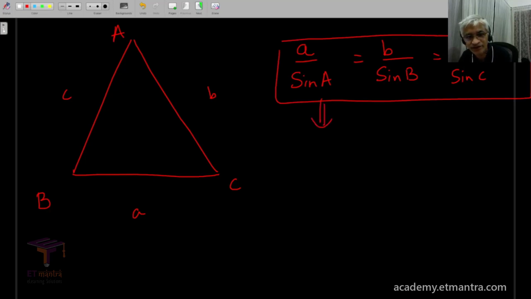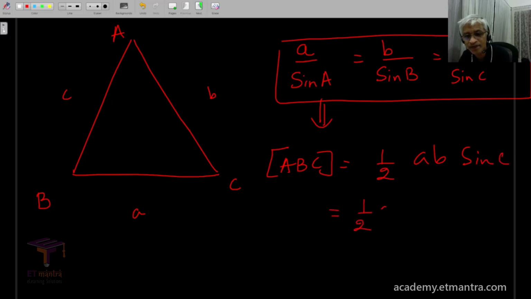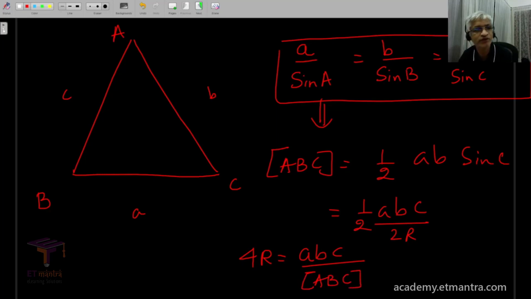For example, we can write the area of the triangle as half ab sin C and quickly substitute for sin C as c by 2R, and we are done. 4RΔ is equal to abc, where Δ is the area of ABC. So this was too easy.